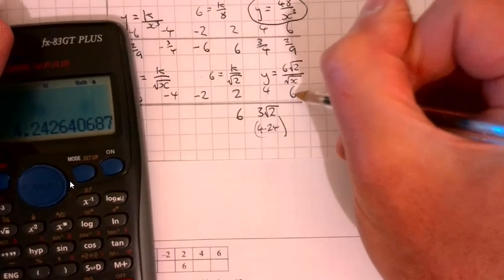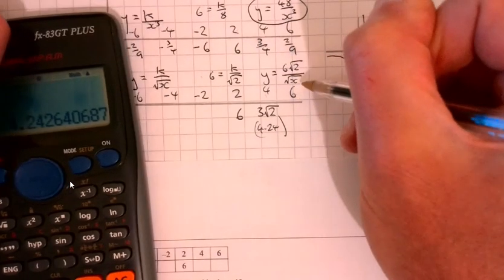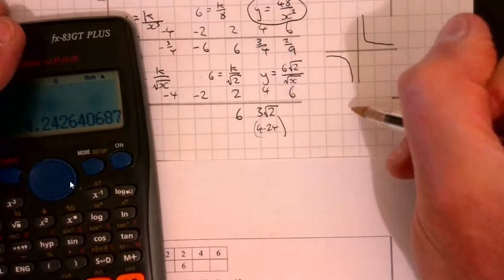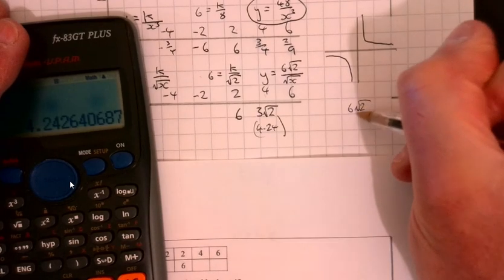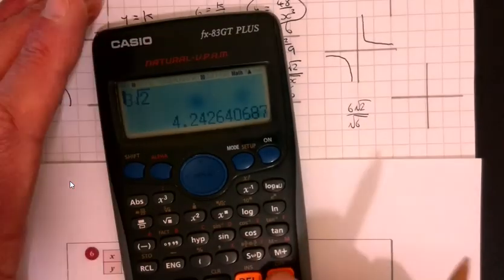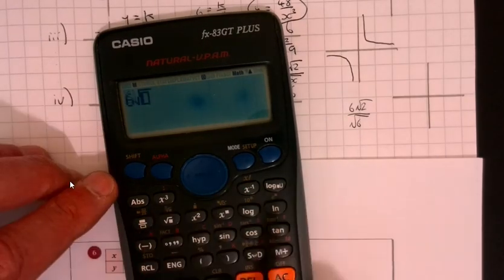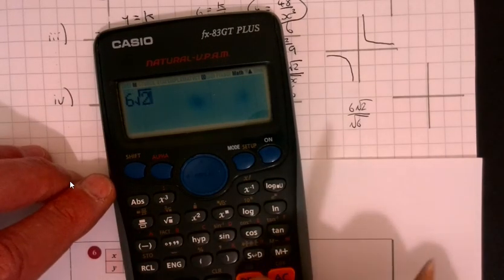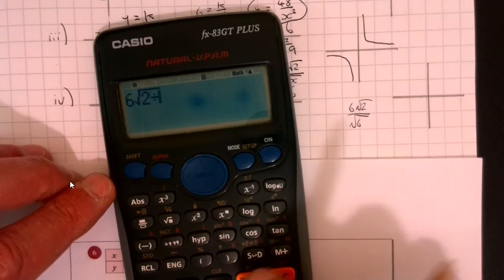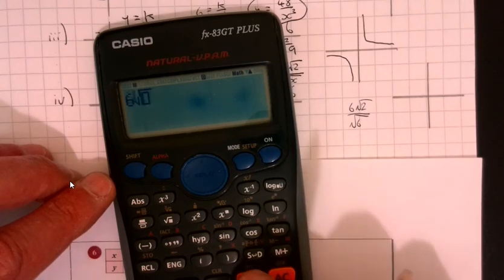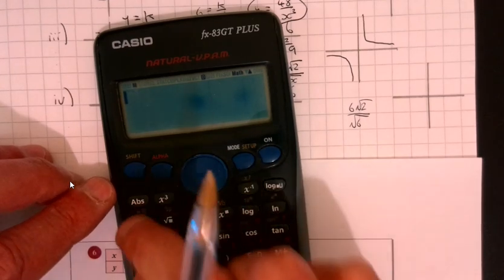And then this one is going to be, so you've got 6 root 2, so what am I going to type into my calculator? Let's just go for it. So 6 root 2, and then let's just do it as a fraction.